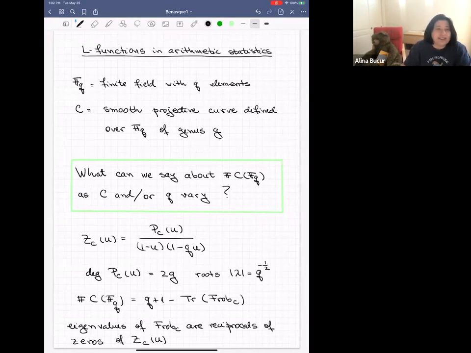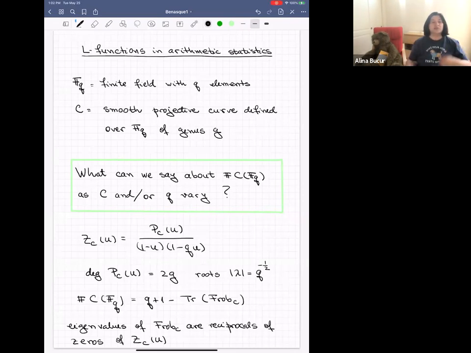So I chose L functions in arithmetic statistics, and this question: you fix a finite field with q elements, where q is a prime power, and a smooth projective curve defined over F_q of genus g. The question we are going to focus on today is what can we say about the number of F_q points on this curve as we vary either the curve or the base field F_q.